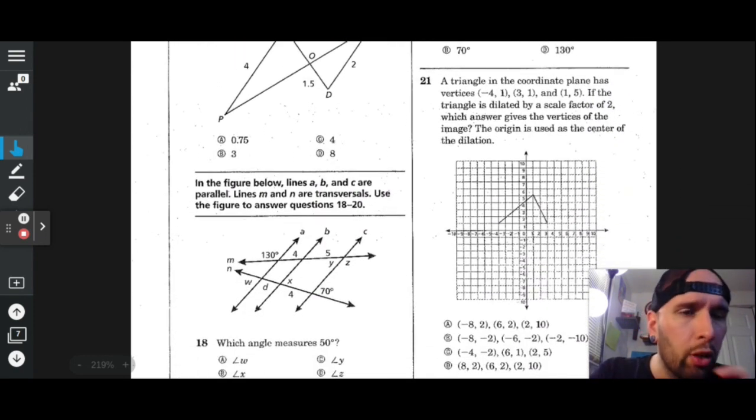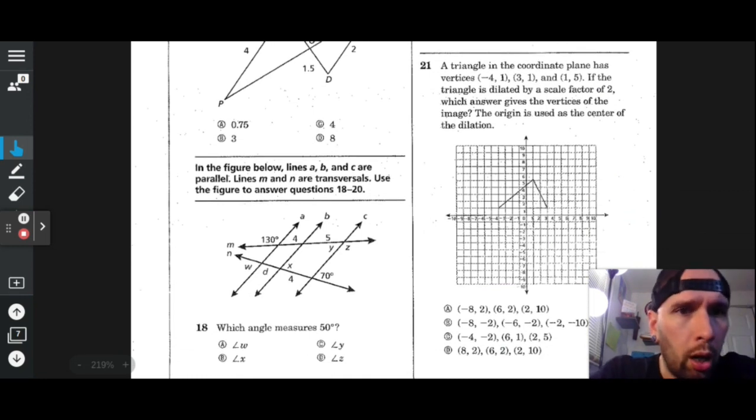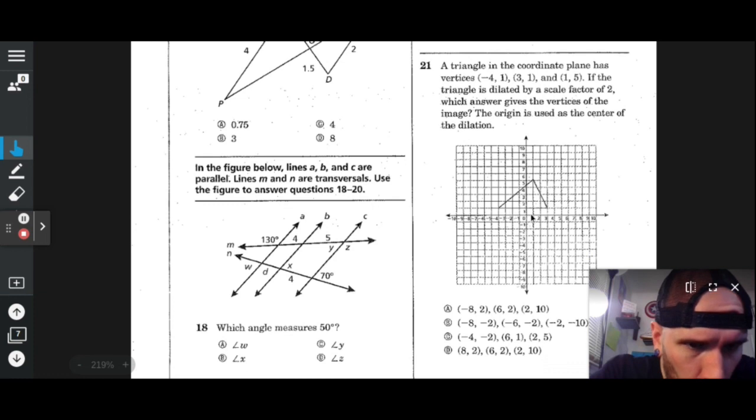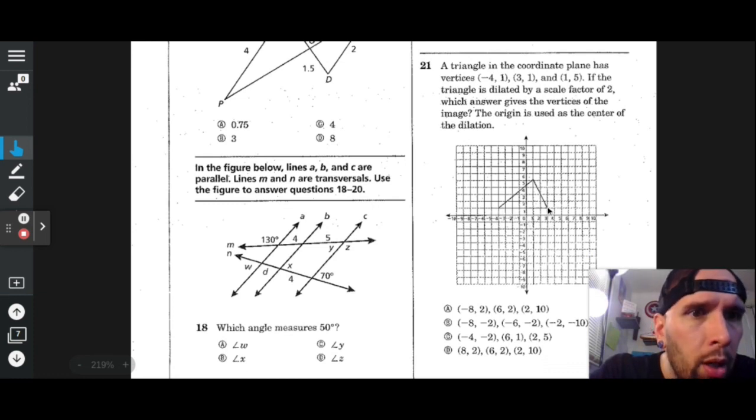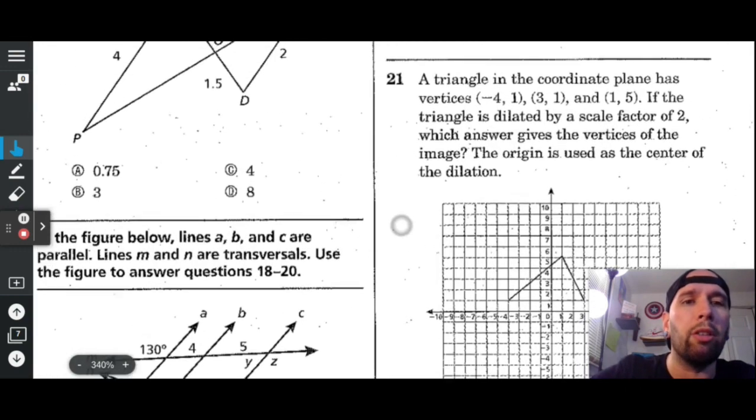A triangle in the coordinate plane has vertices -4, -4, 1, 3, and 1, 5. It is dilated by a scale factor of 2. Okay, so I don't need the graph. All I need to do is take those points and multiply each of them by 2.